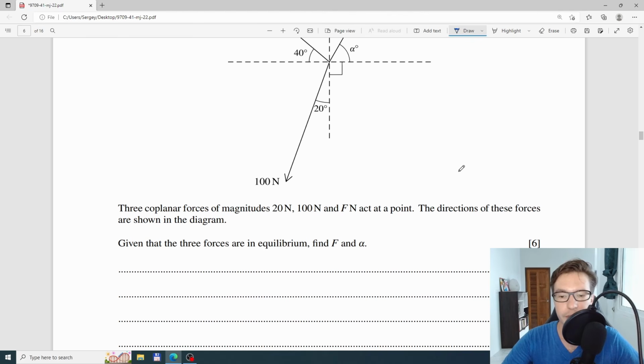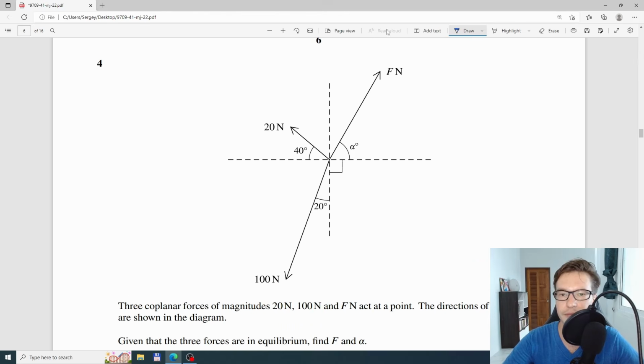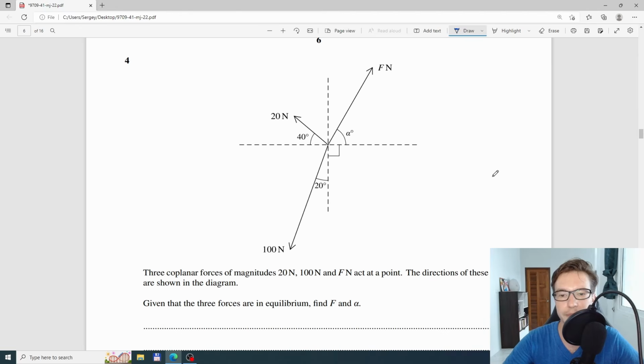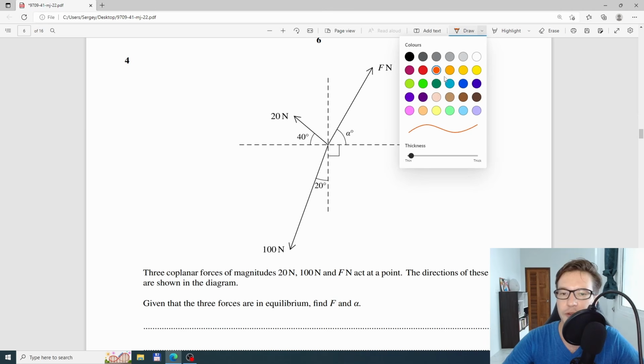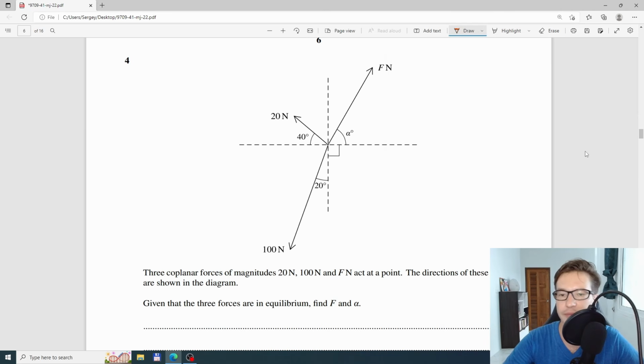Okay, very similar. We have three forces. They are all in equilibrium. Find F and alpha. Okay, let me zoom out a little bit. To start with, let's choose x and y axis in a very typical way.